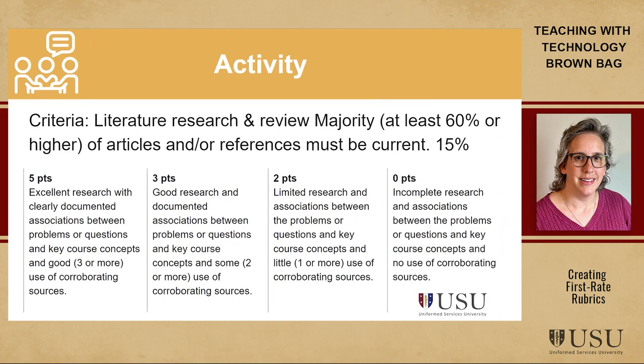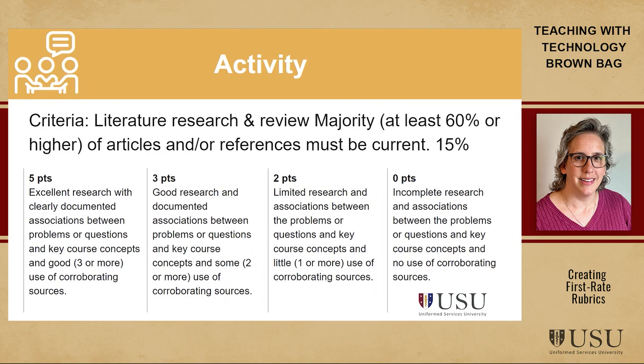And now we have an activity again for you to look at this example from a rubric. And for formatting of the slide, we placed the criteria at the top. So the criteria is literature, research, and review, majority, at least 60% or higher of articles, and our references must be current, 15%.